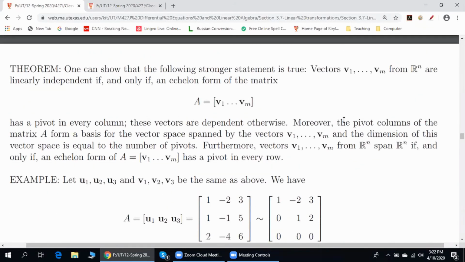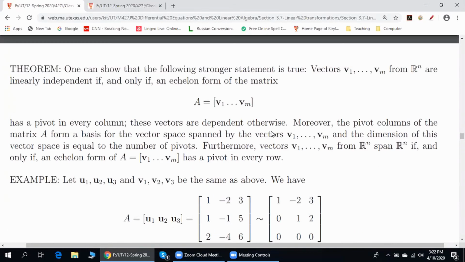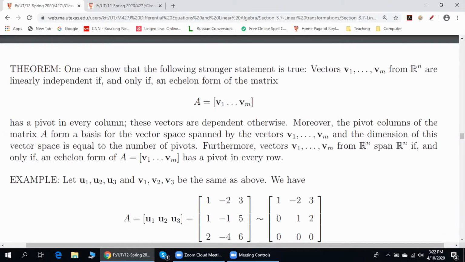Please take a look at this very important theorem, which is on page 13. We start with several vectors from Rn. Step 1, create the following matrix, V1 and so on Vm. V1 and so on Vm are columns of this matrix. Then we apply elementary row operations to come up with an echelon form.